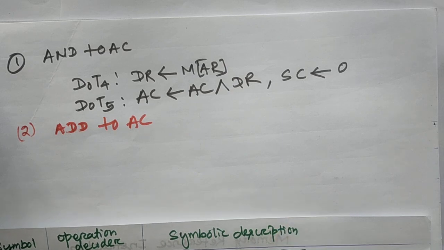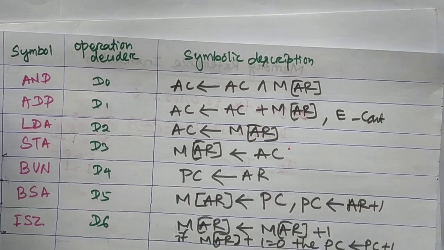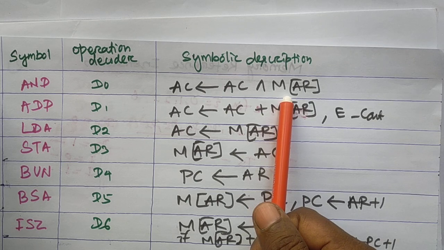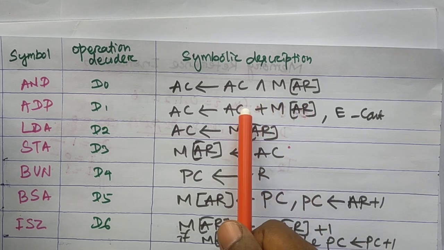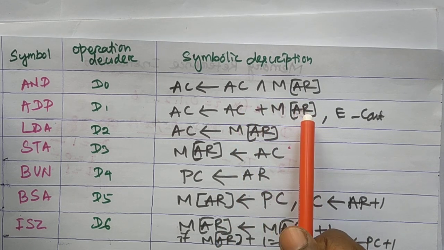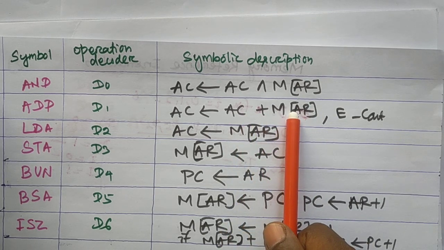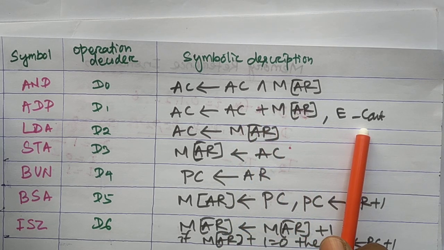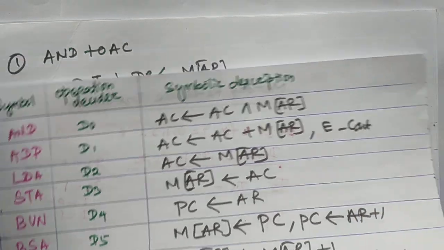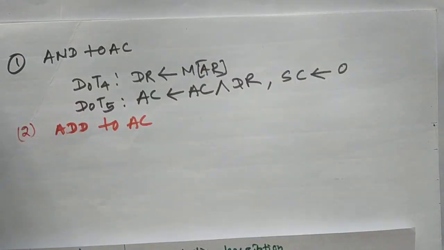In this case, in a very simple way, it is the addition of the numbers. Initially the memory data is transferred to the data register, then AC plus the data register we have to add, and the carry out bit is also defined, and SC will be 0. Very simple way, same thing we can do.